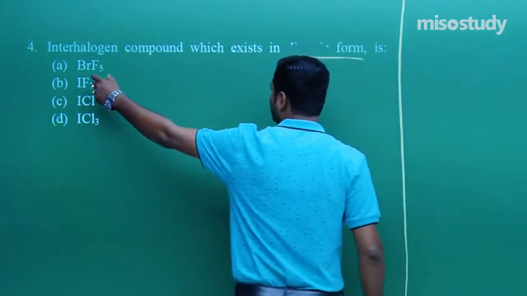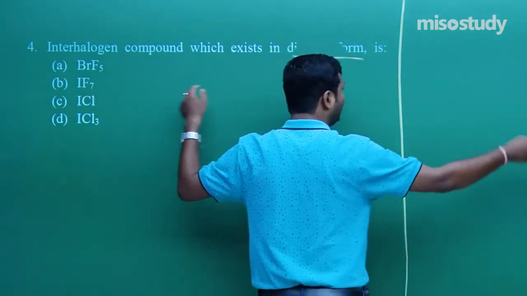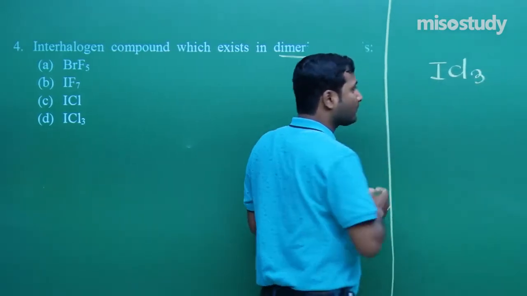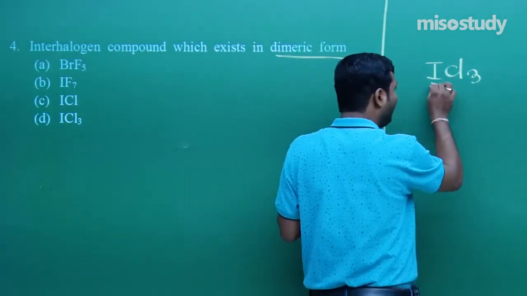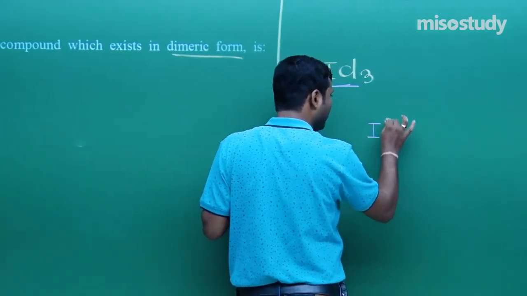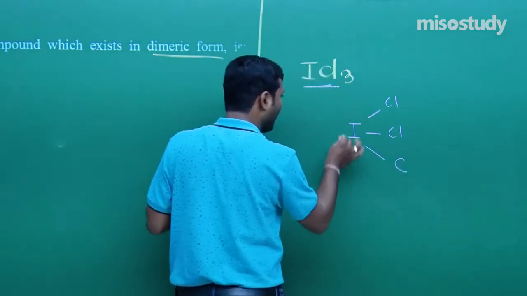As we know, this one exists, this one exists, this one also exists. But if I talk about ICl3, look at what I'm telling. ICl3, that is I with Cl and Cl.